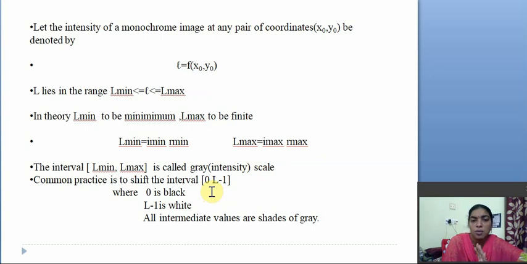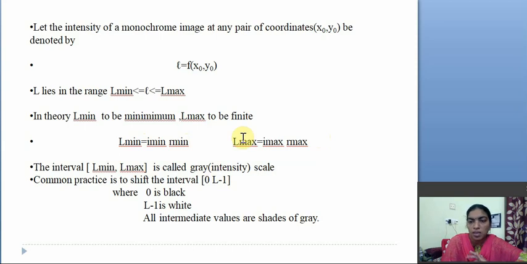For example, suppose I minimum times r minimum is some value, 10, and I maximum times r maximum is suppose 150. That means what is the range? 10 to 150, right?